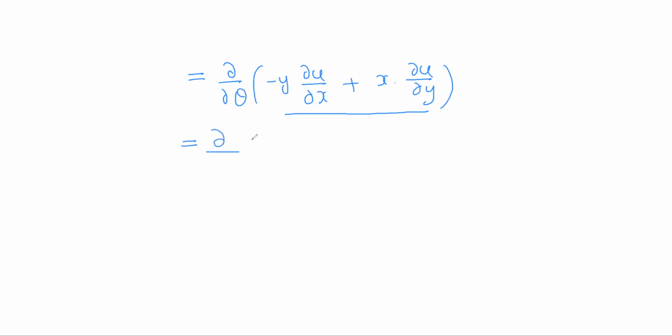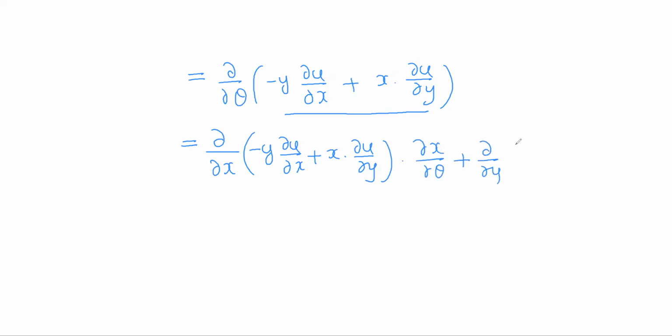First differentiation of that function with respect to x, minus y ∂u/∂x plus x into ∂u/∂y, then x with respect to θ, plus the given function with respect to y, minus y ∂u/∂x plus x into ∂u/∂y, into y with respect to θ. So now we shall simplify it.